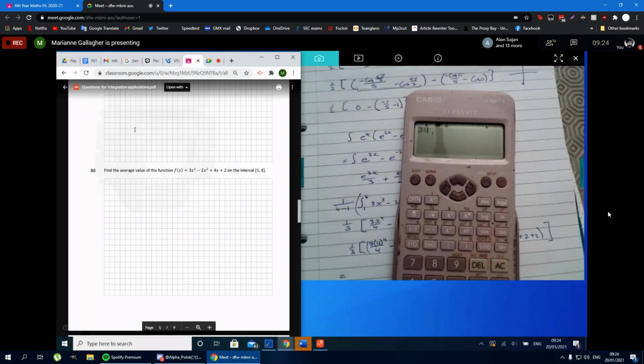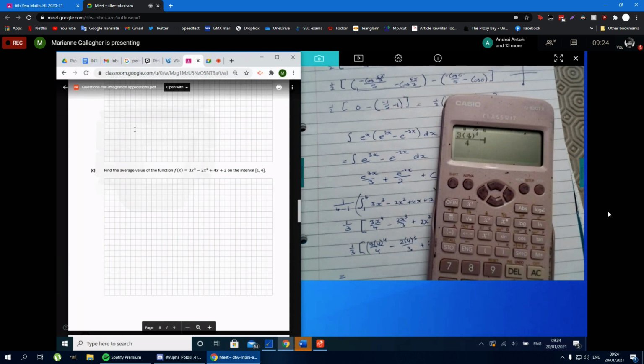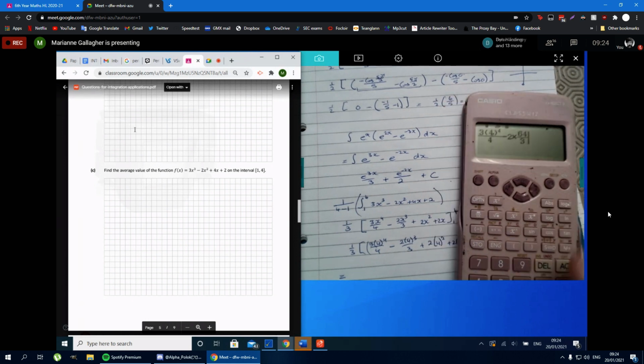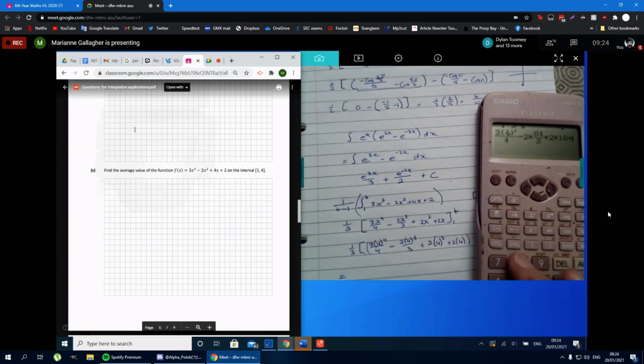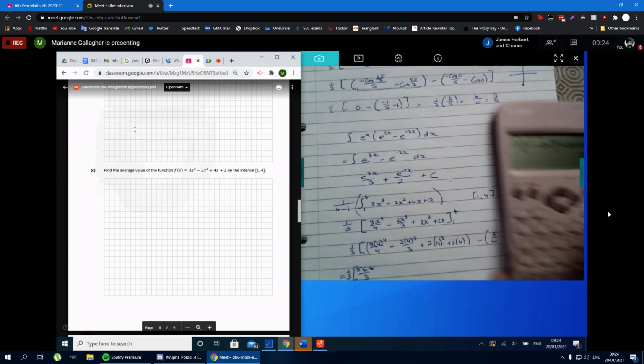3 times 4 to the 4 over 4, minus 2 times 4 cubed, which is 64, over 3, plus 2 times 4 squared is 16, plus 2 fourths is 8. That's 568 over 3. And don't forget the 1/3 outside.